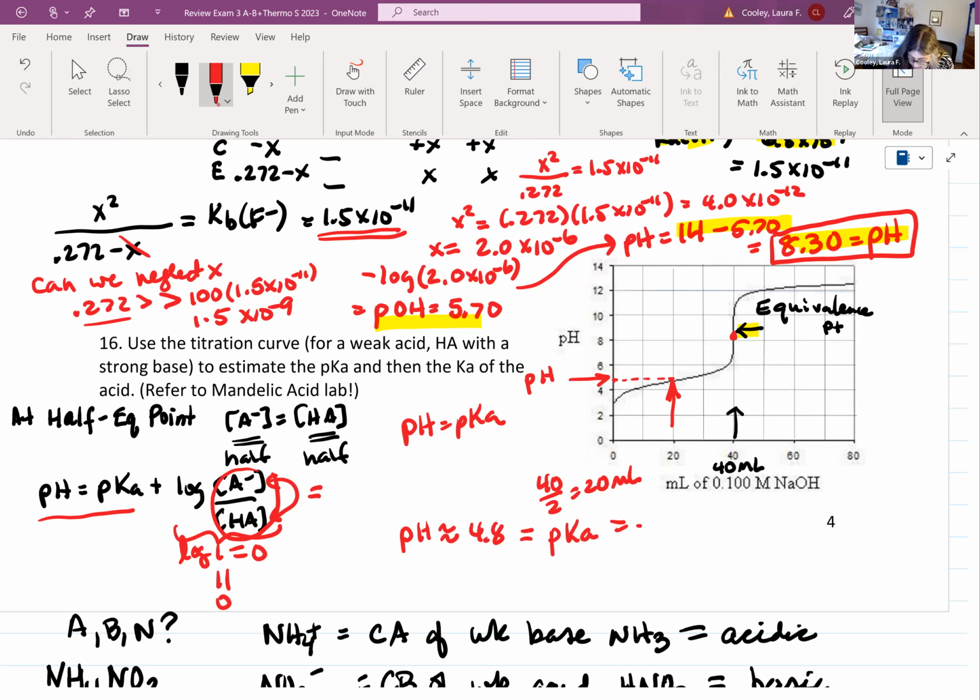That's the negative log of the Ka. If you look at the equation sheet, I have this equation, but I also have that 10 to the negative pKa is the Ka. So if you take 10 to the minus 4.8, that's the Ka.